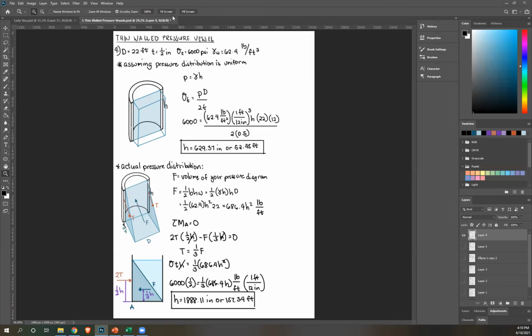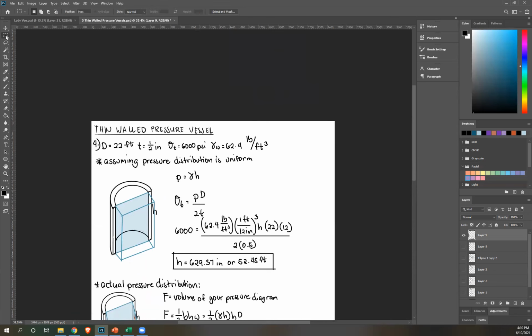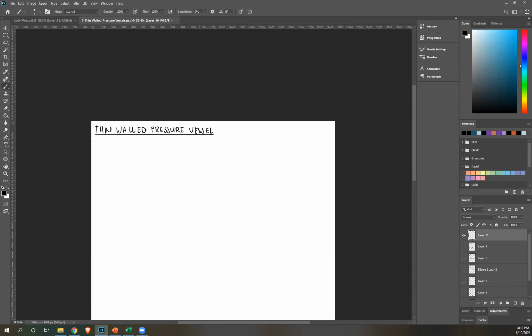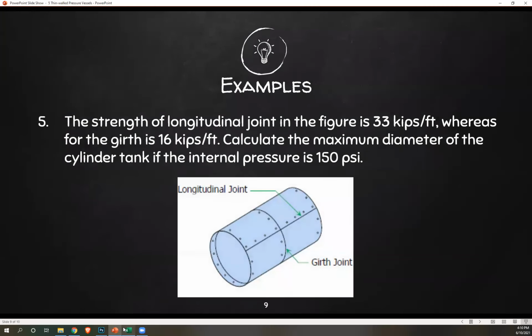Okay, now let's answer the next question. Number 5. Second to the last number for thin walled pressure vessels. The strength of longitudinal joint in the figure is 33 kips per feet, whereas the girth is 16 kips per feet.